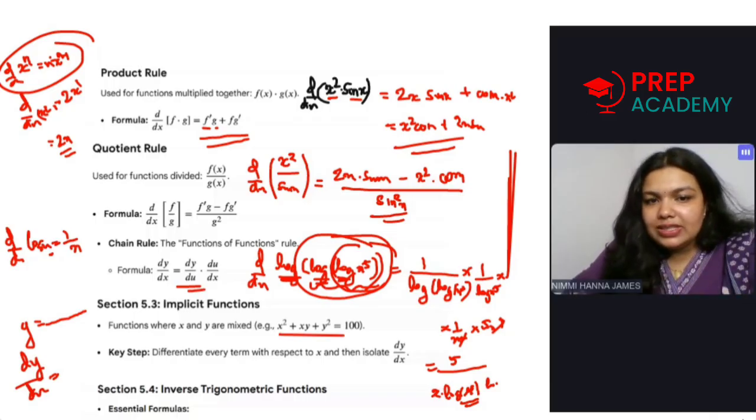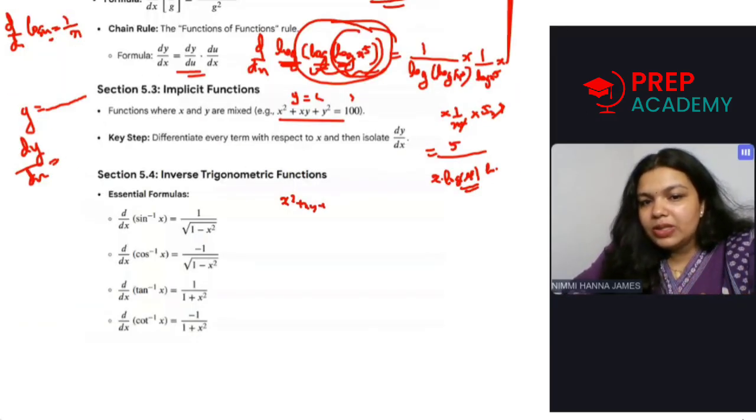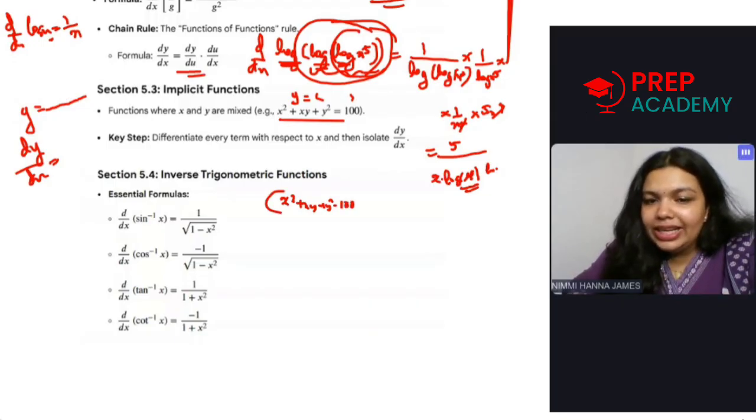But if this is the question, can we separate it as y equal to something? No, it's impossible. So what we do is we differentiate the given equation. If it is x square plus xy plus y square equal to 100, we differentiate it completely with respect to x.